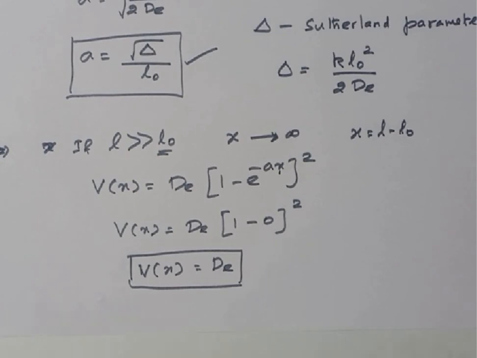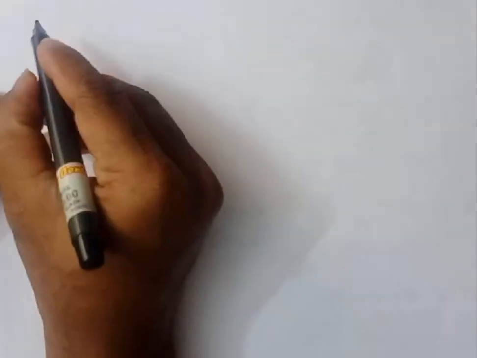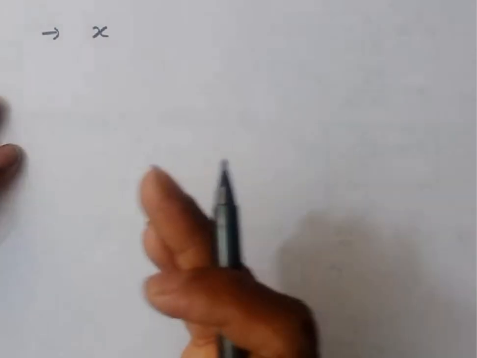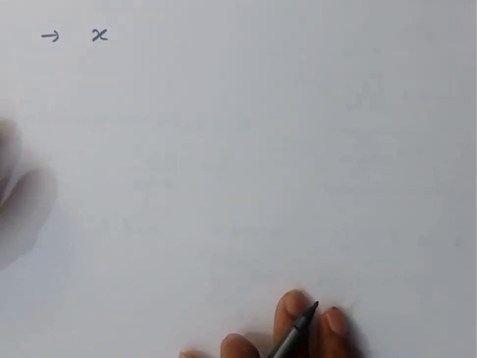Then if x is not too large: if x is very, very small, a molecule will behave like a simple harmonic oscillator. If x approaches a very large value, then potential energy becomes equal to the equilibrium dissociation energy.